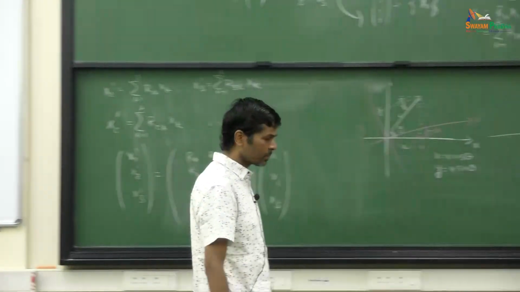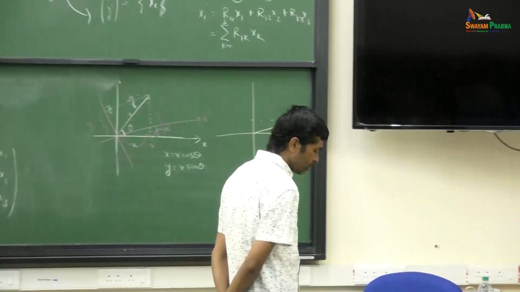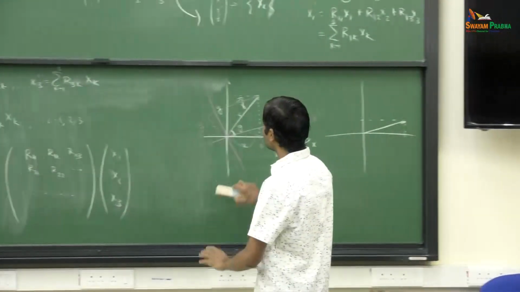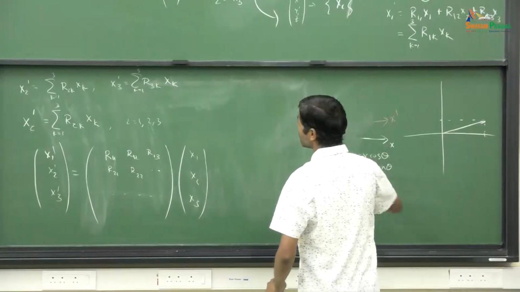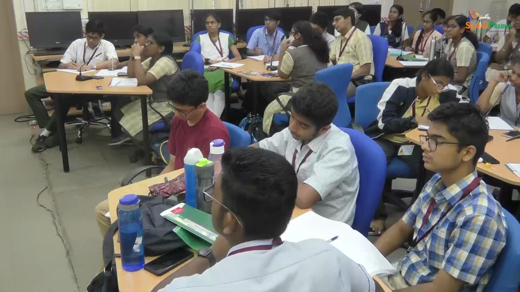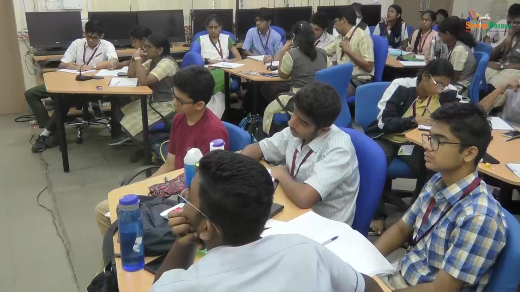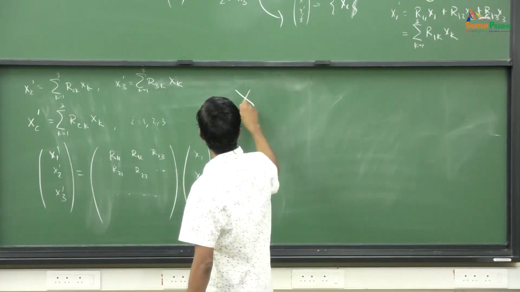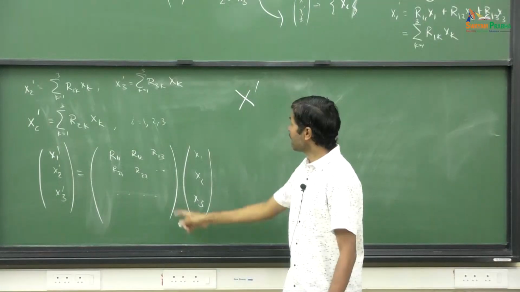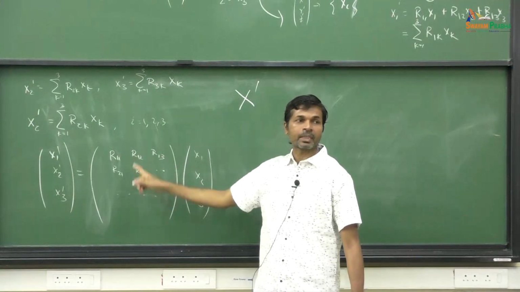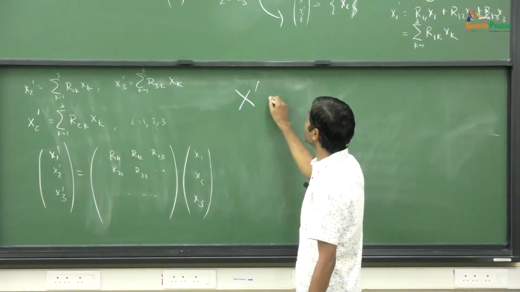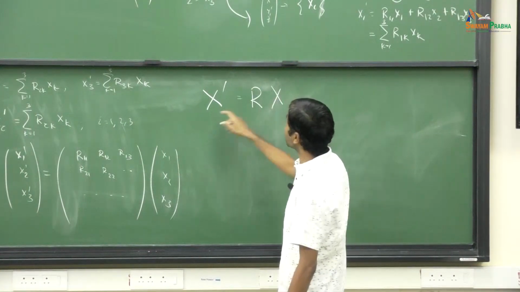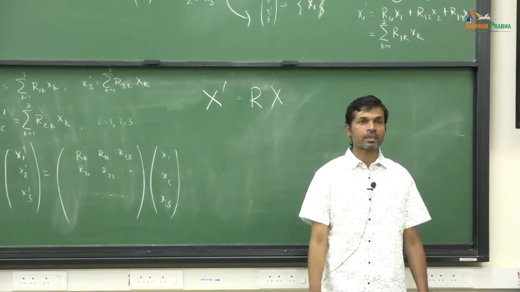So suppose I call this column vector some x prime, and I will call this 3 by 3 matrix R, and this column vector x. So in matrix notation, I can write it this way.